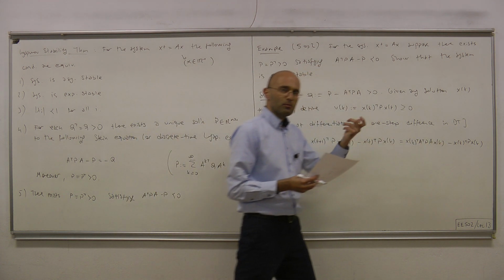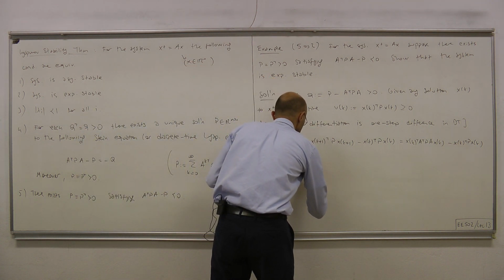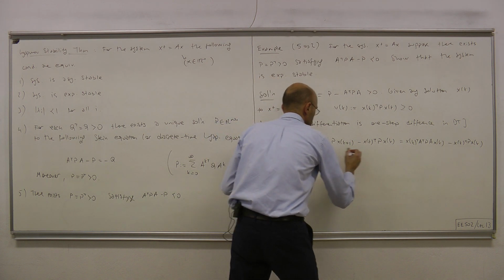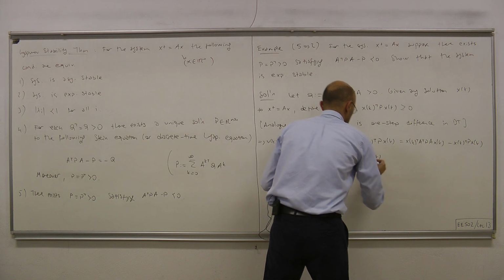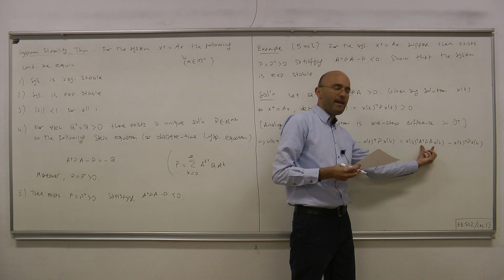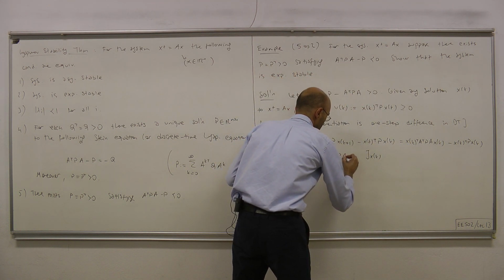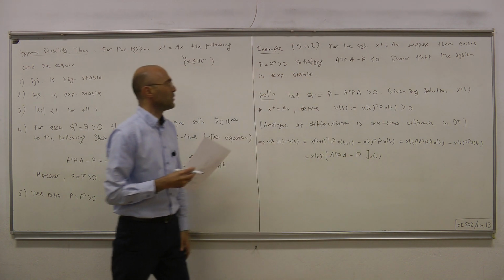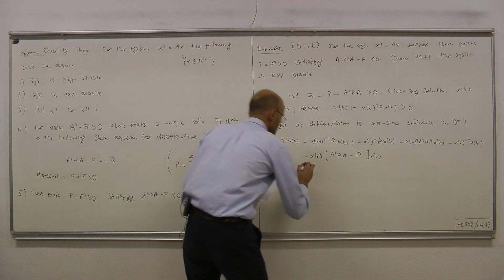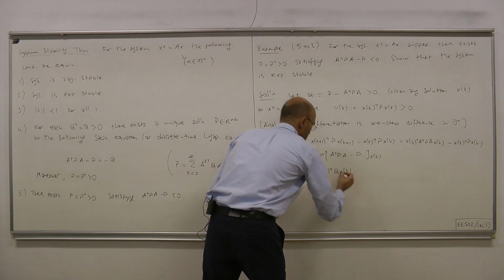Since both terms are multiplied from left and right by x(k) transpose and x(k), we can write this as x(k) transpose times something times x(k), and that something is A transpose P A minus P, an n by n matrix. And what's A transpose P A minus P? It's minus Q. So this therefore equals minus x(k) transpose Q x(k).